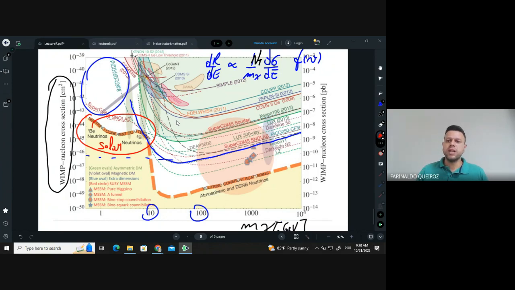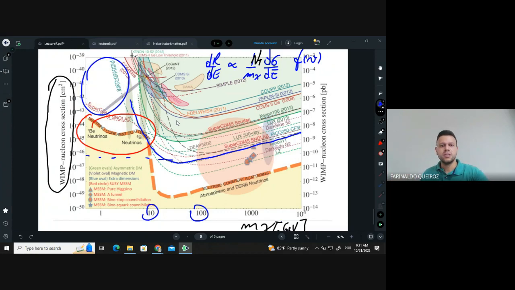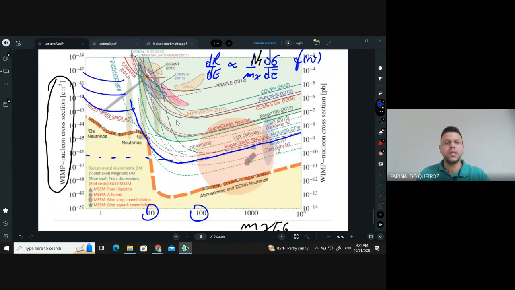If I'm trying to probe this region here in blue, the number of neutrino signals they produce is small, because that cross-section is small, 10 to minus 44. The smaller the cross-section, the smaller the amount of events they yield. So I'm probing here. But as I push down the sensitivity of my detectors, I was probing here, and then I'm probing there, and then here, and here, and eventually I'm going to probe there.